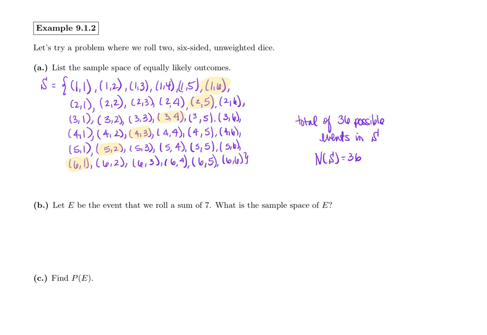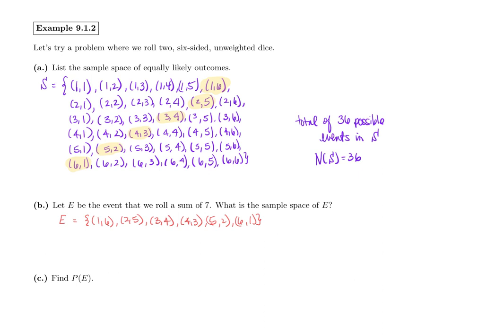So how many ways can we find it? Well, there are 6 ways. And those 6 are our sample space of E. So E is the set of those 6 combinations: 1, 6, 2, 5, 3, 4, 4, 3, 5, 2, and 6, 1. So there are 6 ways.